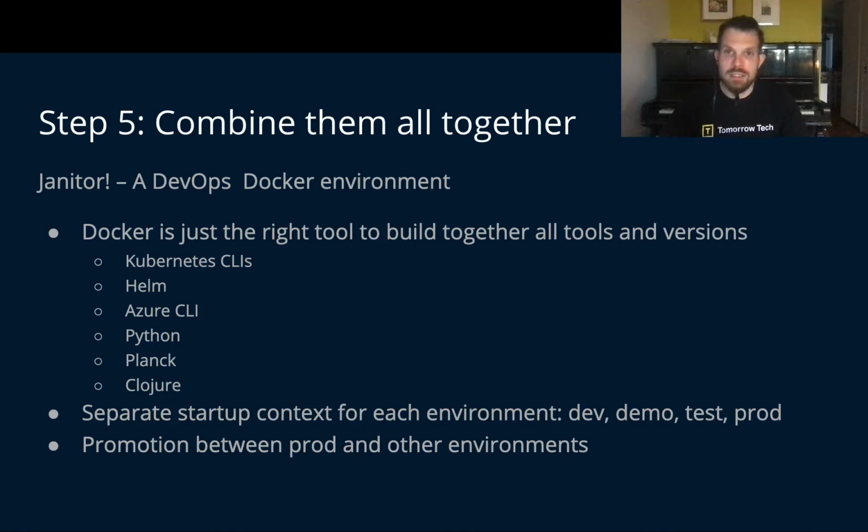One thing that we also wanted to do is to have the production context run from a different container registry. So we needed to promote the tooling between production and the other environments, so that all the tooling that we develop in the dev, demo, and test environments will be promoted to prod when we know that it's working.